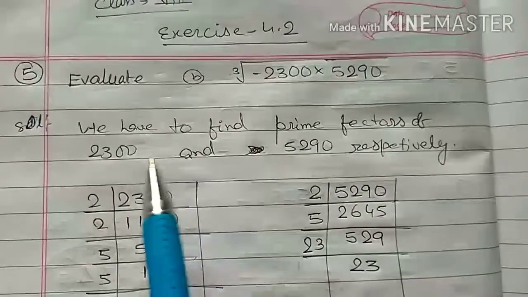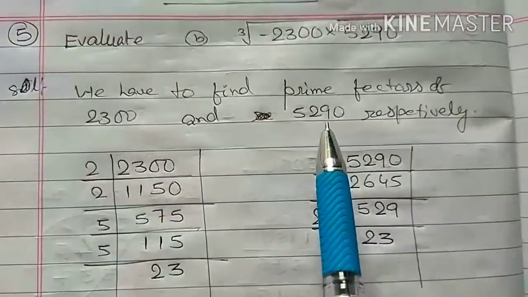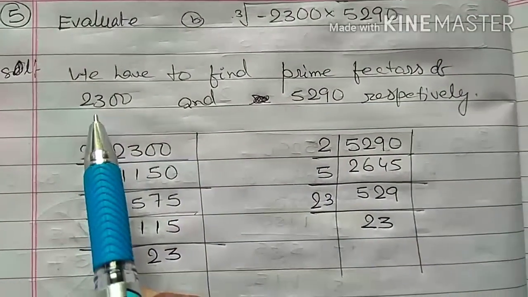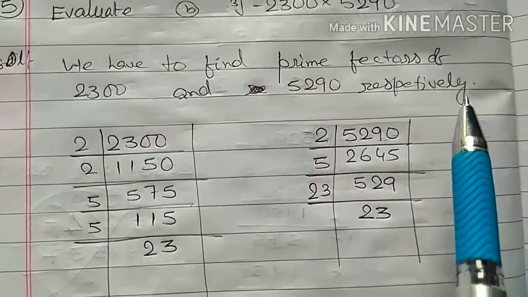First of all, we have to find the prime factors of 2300 and 5290 respectively.